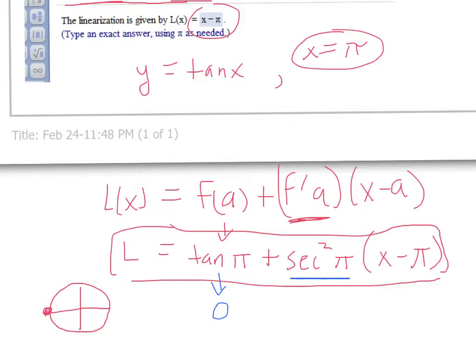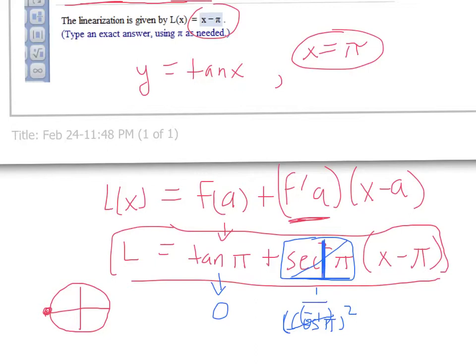That's what secant really means. But you're quickly realizing that cosine of pi is -1, so -1 squared will come to be 1.